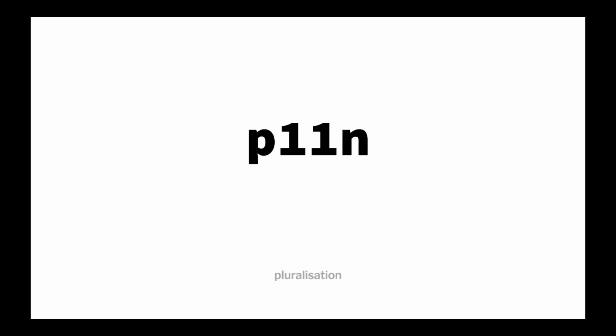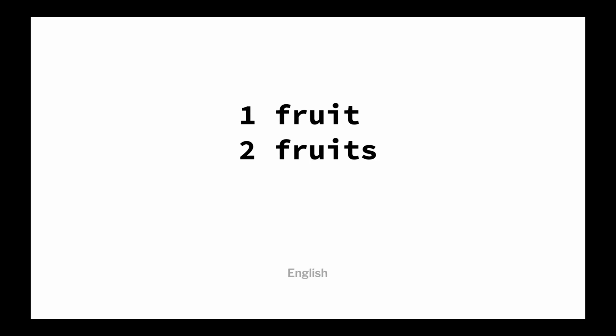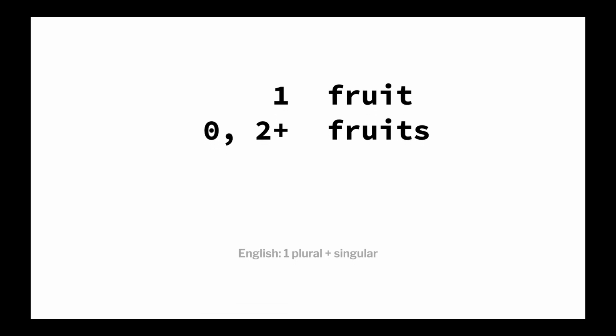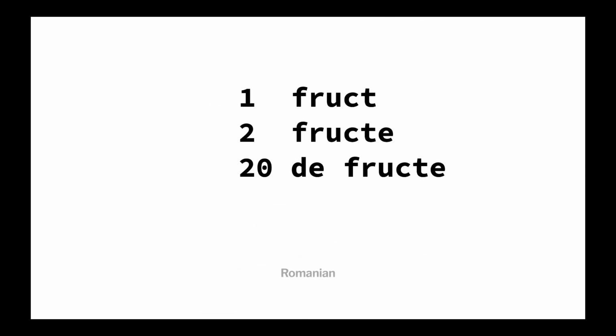Now regarding plurals, this is also a numeronym for pluralization as well. Fun fact. So English has very simple rules, right? For the quantity of 1, you have one form. For 0 and for at least 2 items, you have the plural form. Now, in Romanian, for instance, things are a bit more tricky.